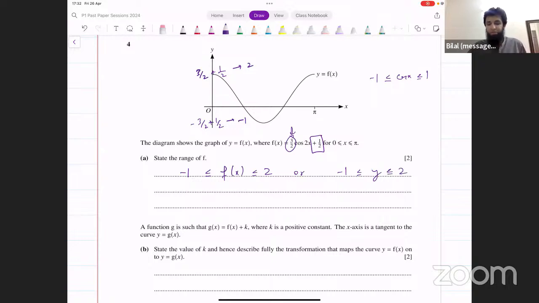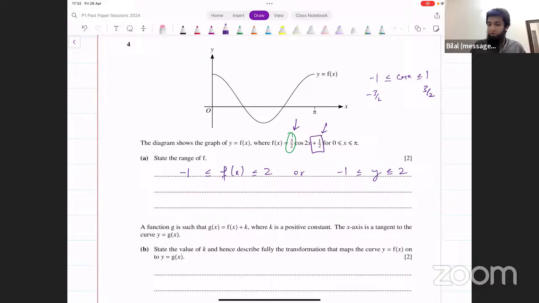So you can think of transformations. What are the transformations that are happening? First is a stretch, a vertical transformation. We don't care about the horizontal transformations here because range has to do with the y coordinates, right? So the y coordinates are first multiplied by 3 over 2, and then we are adding 1 over 2 to them. So initially they were -1 and 1. -1 gets multiplied by 3 over 2, and 1 gets multiplied by 3 over 2.